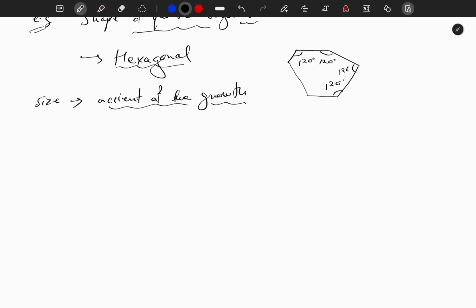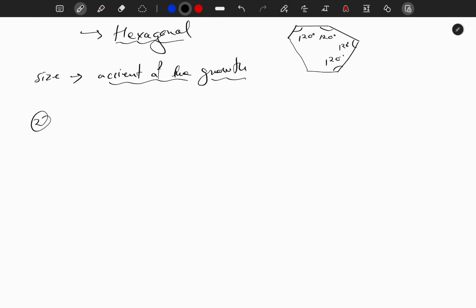Okay, the second example is the internal geometry of sodium chloride. It also appears in the external shape. The internal geometry of NaCl is cubic.